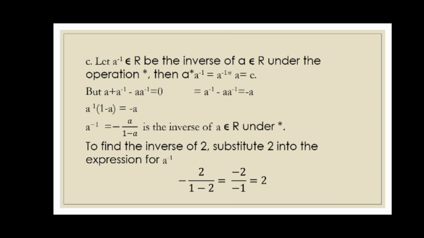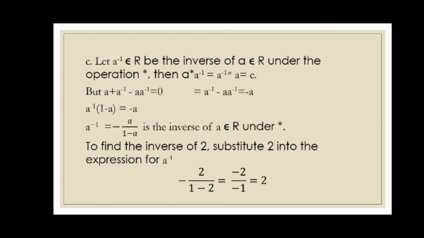We get A inverse into bracket 1 minus A, equal to negative A. To get A inverse, we divide both sides by 1 minus A. So A inverse becomes negative A over 1 minus A.